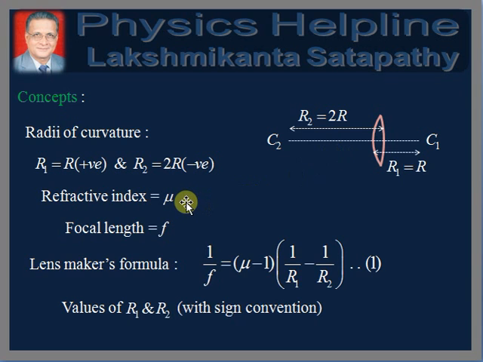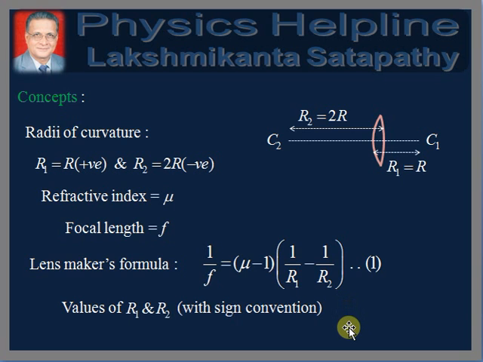Let the refractive index of the material of the lens be mu and its focal length be f. Therefore, the lens maker's formula gives us 1 by f is equal to (mu minus 1) into (1 by R1 minus 1 by R2).